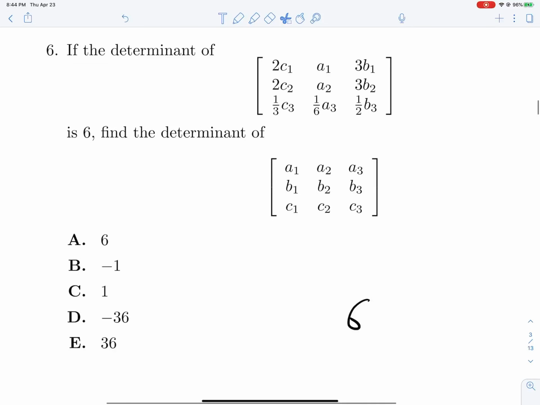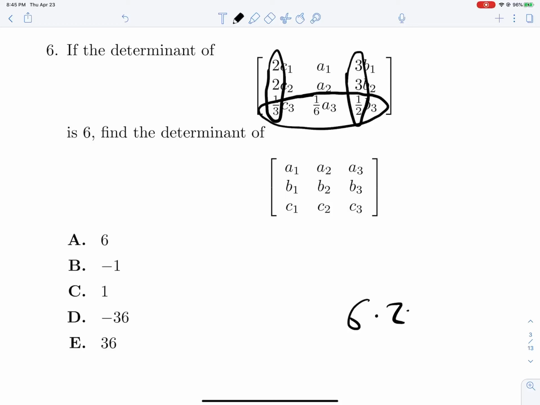So what have they done here? They've multiplied this column by 2, this column by 3, sorry, those are columns, not rows, and this row by 1/6. We know that whenever we multiply a row or a column by a factor, we have to multiply our determinant by that factor.